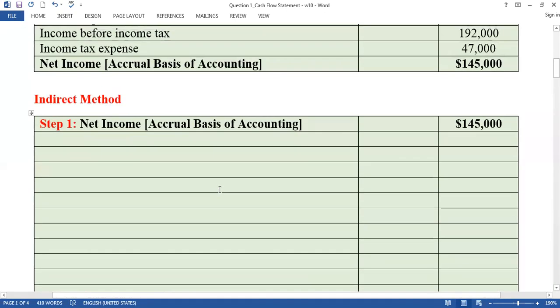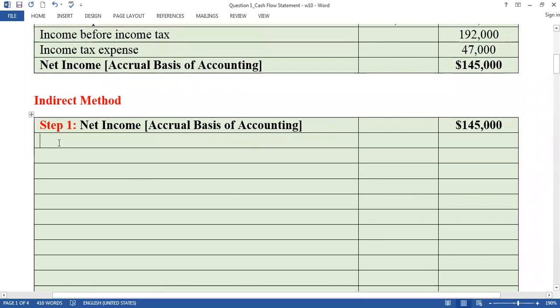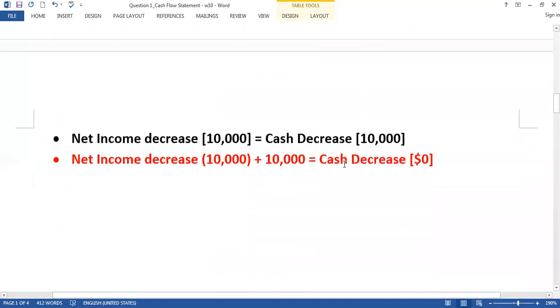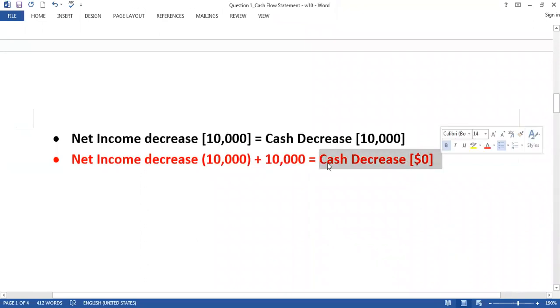So this is something I can write here first, then I will show you the example. Step 2. Let me write first according to this here. So here we find that if cash does not decrease, we added back this money, right? You understand? We added back this money, something like this.